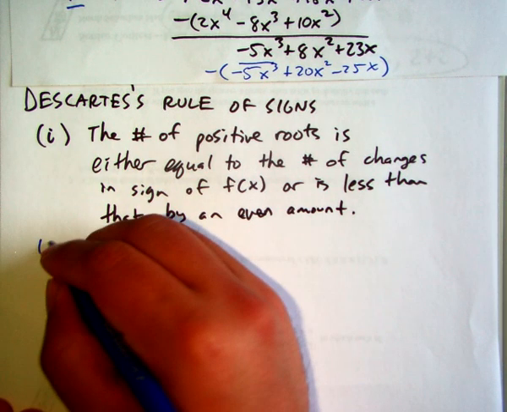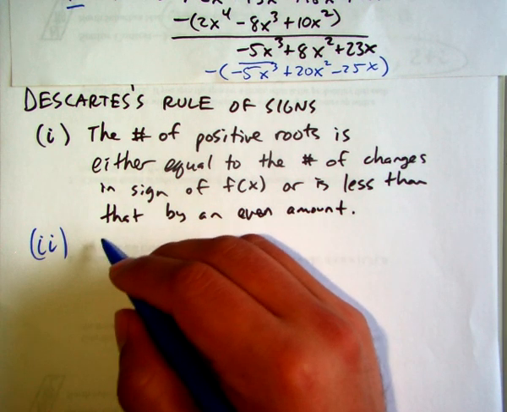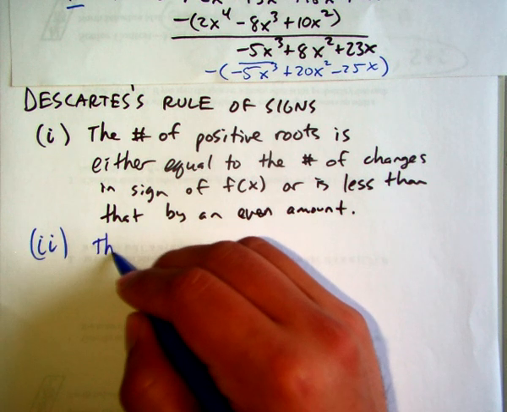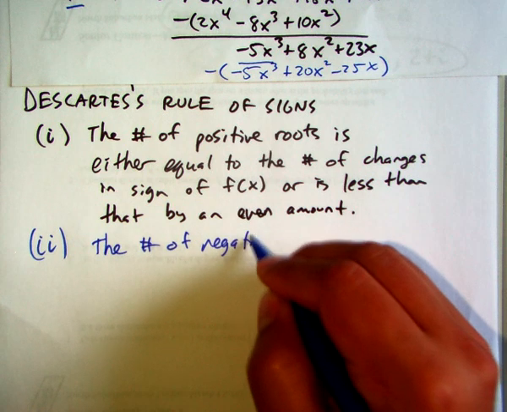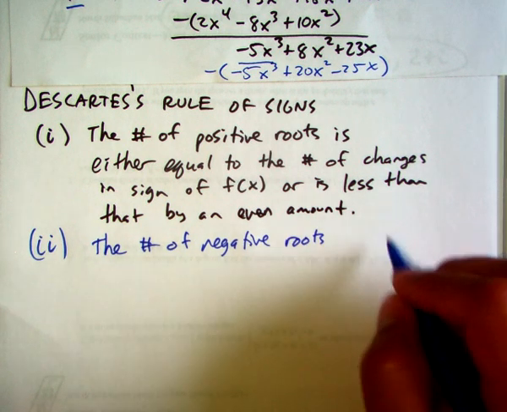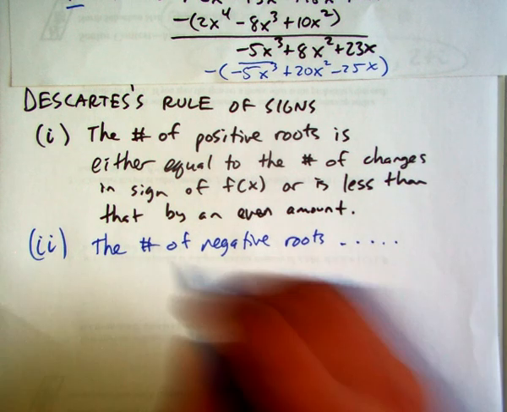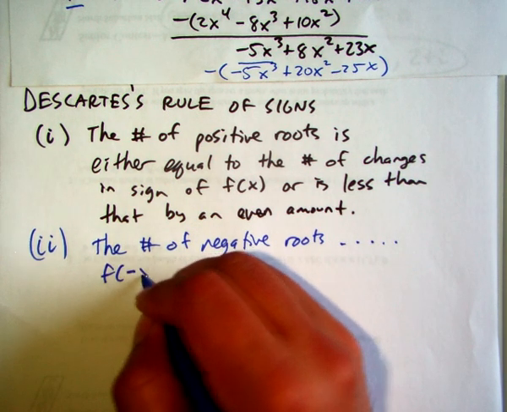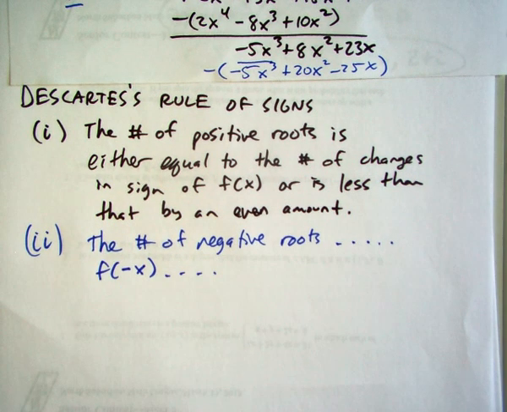The second part relates to the amount of negative roots, so the number of negative roots, and it's the same verbatim. The only difference is we're going to inspect f of negative x instead of f of x.